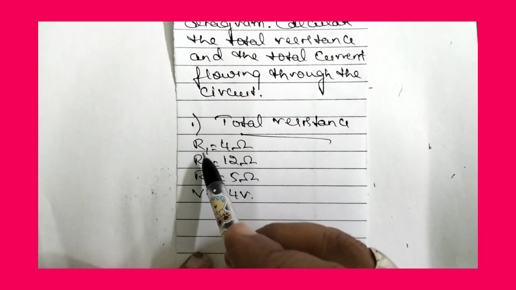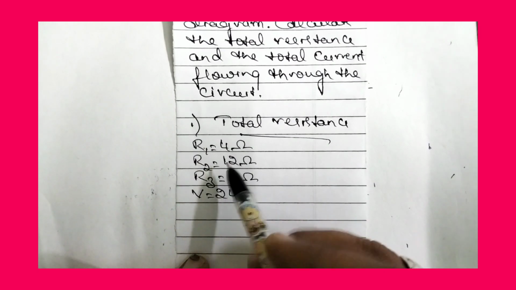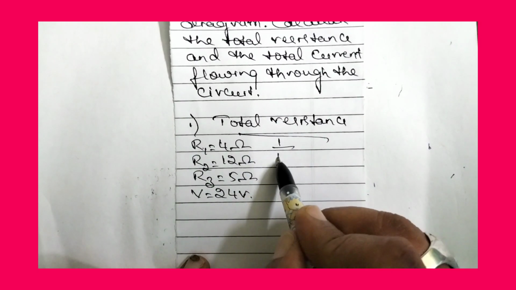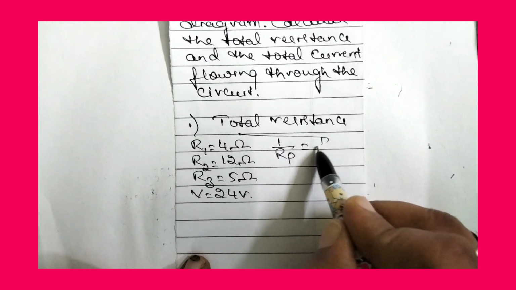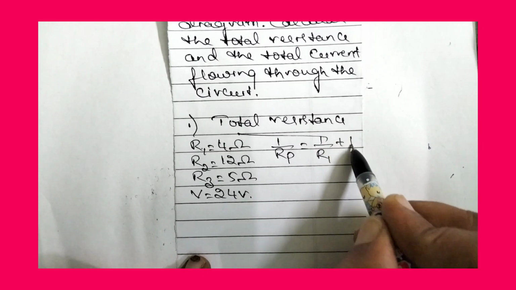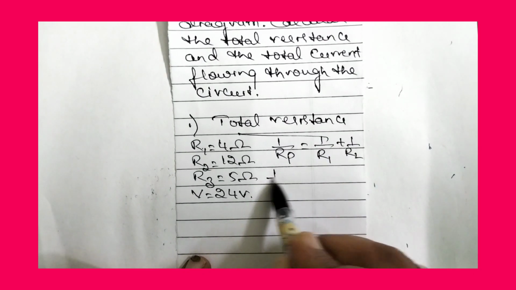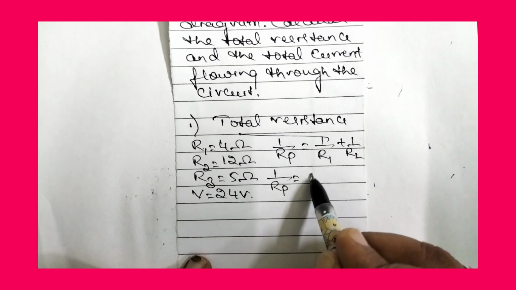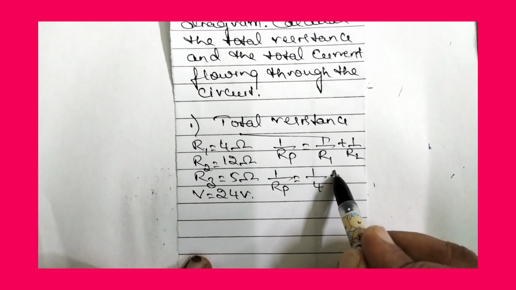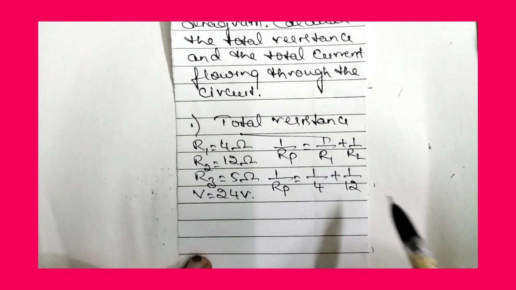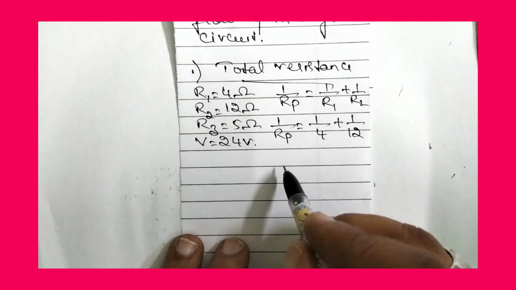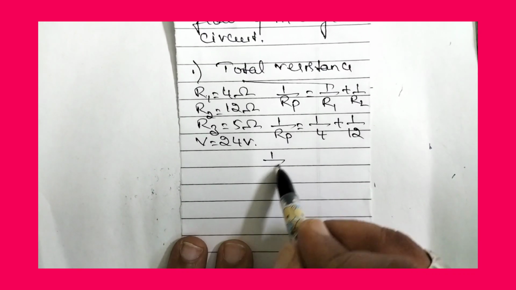So now in this question R1 and R2 are connected in parallel. So 1 over Rp is equal to 1 over R1 plus 1 over R2. 1 over Rp is equal to 1 over 4 plus 1 over 12.